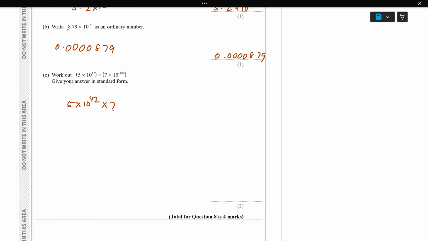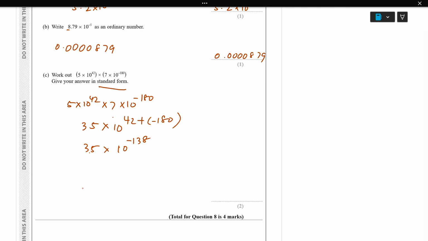Next, work out and give your answer in standard form. It's all multiplication: 5 times 10 power 42 times 7 times 10 power minus 180. 5 times 7 is 35, and when we multiply, the exponents should add. So 42 plus minus 180, so we get 35 times 10 power minus 138.